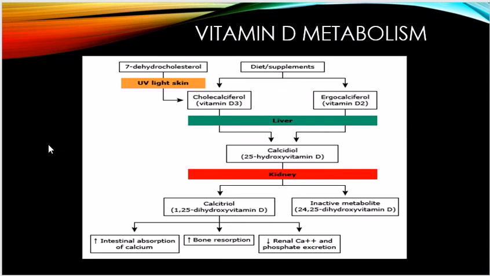Now this 25-hydroxycholecalciferol is taken up to the kidney where the second hydroxylation reaction takes place at position 1, resulting in the formation of 1,25-dihydroxycholecalciferol and some inactive metabolites of vitamin D. And this active form, also known as calcitriol, increases the intestinal absorption of calcium, increases bone resorption and decreases the renal excretion of calcium and phosphate ions.